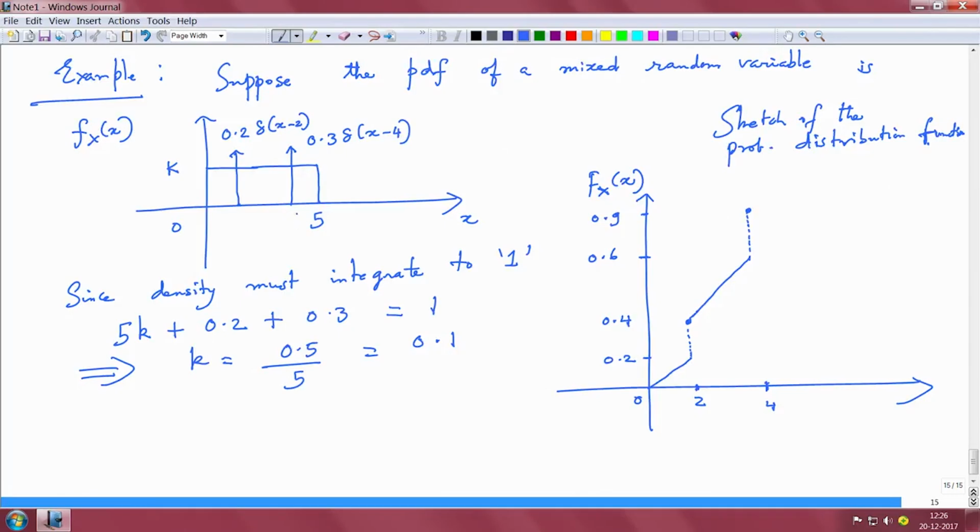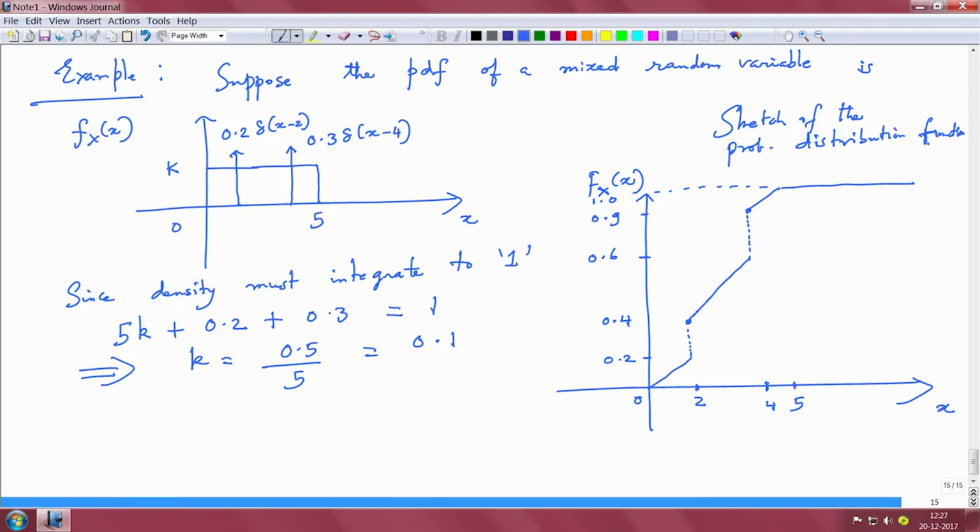After 4, between 4 and 5, I just have a ramp with a slope of 0.1, and then I touch 1. So, this point is 5. This is a sketch of the probability distribution function.